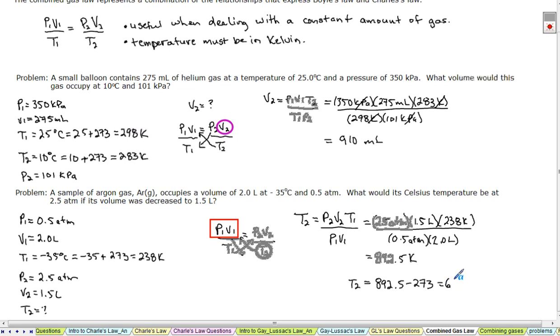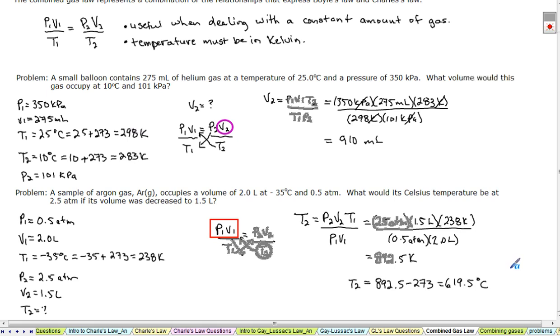And we get 619.5 degrees Celsius. So we can see that the temperature jumped up massively by increasing the pressure and decreasing the volume. Both things we know would increase the temperature by a great amount.